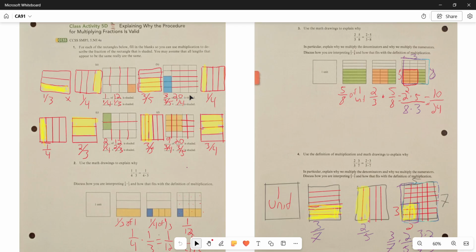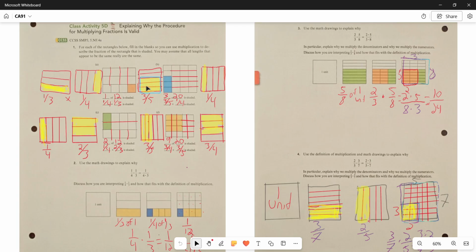Now, similar to how I found my fractions, I looked at just this row and I realized that 1, 2, 3 out of the 5 of them are shaded. So that was my starting fraction, 3/5. And that's shown right here.